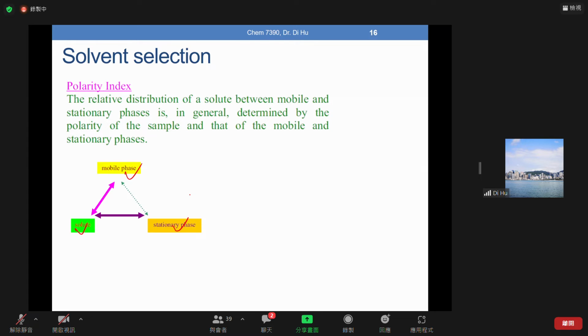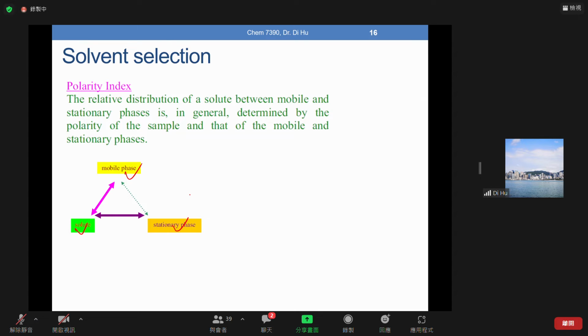I've been talking about that so many times. The relative distribution of the analyte between the mobile phase and stationary phase is greatly determined by the polarity of the sample and the polarity of the mobile phase and stationary phase. It's not the only factor, but it's a very important factor.